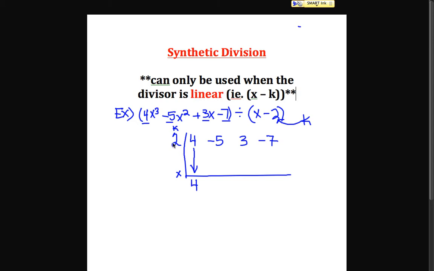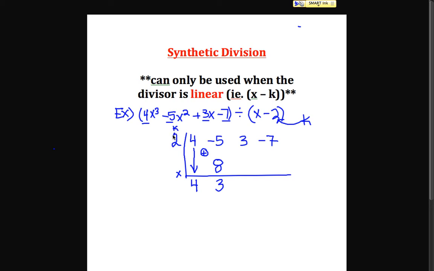So 2 times 4 gives us 8. And we're going to write that 8 over here, with this negative 5. Then, instead of subtracting like we did with regular division, we're doing the opposite because we flipped this sign upside down. And so we are going to add negative 5 plus 8, which of course gives us 3.